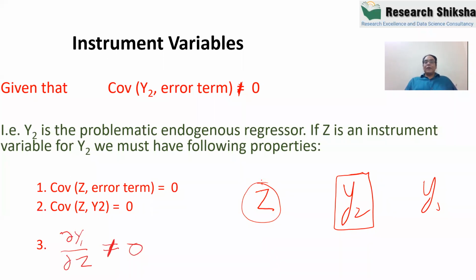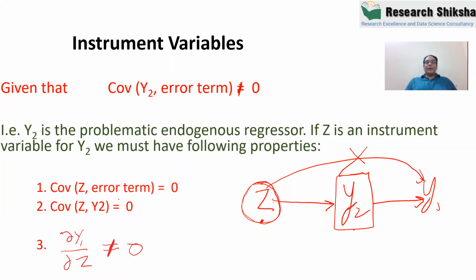I repeat, one of the conditions for z to be applied as an instrument variable is that z will affect y2, y2 will affect y1, but z will not affect y1. So you have to find those variables which can influence y2 but which cannot influence y1. It means y2 is purely a mediating variable between z and y1. This property I mentioned here as condition number 3.